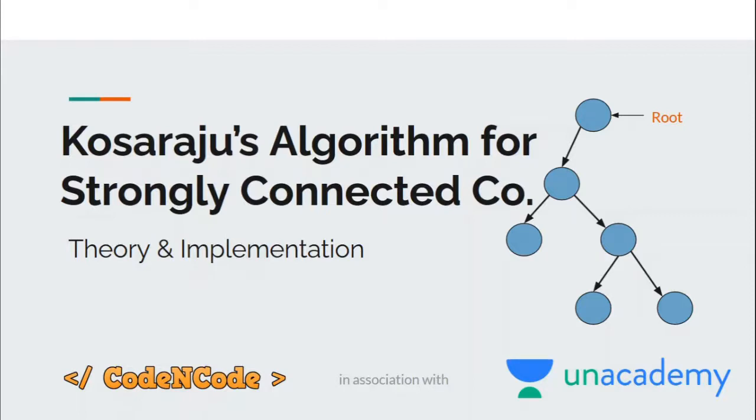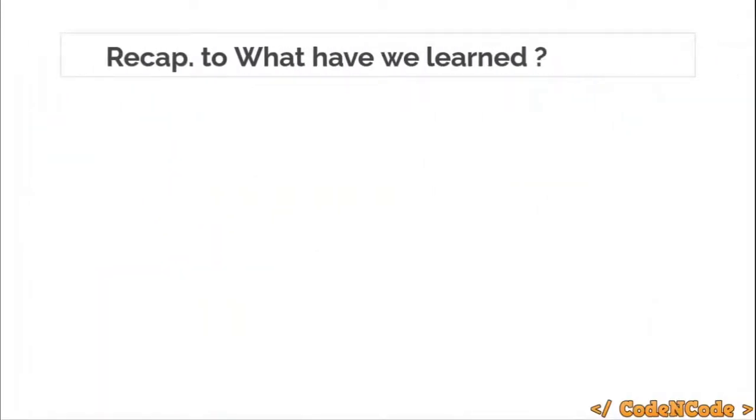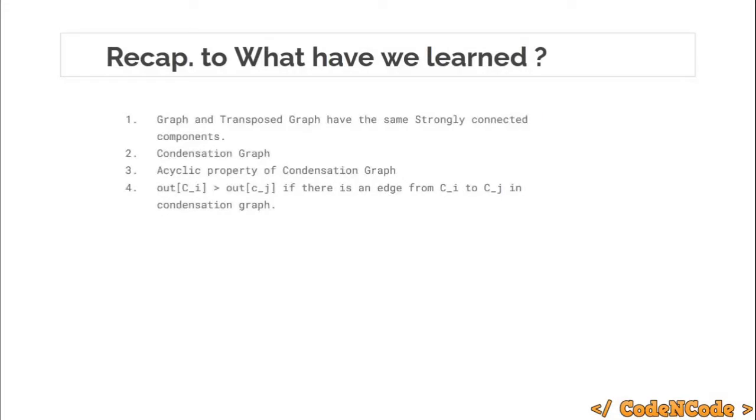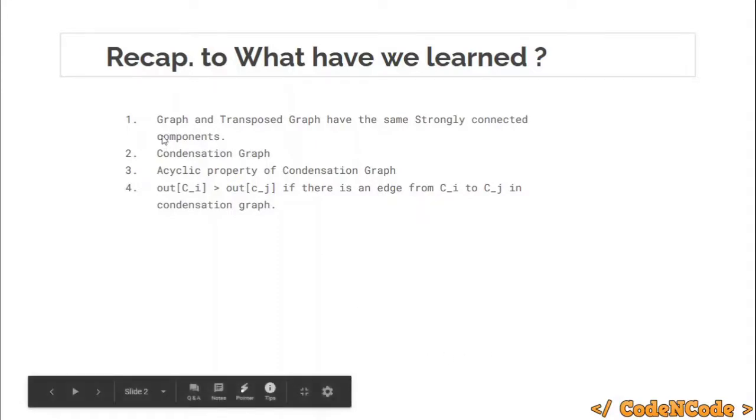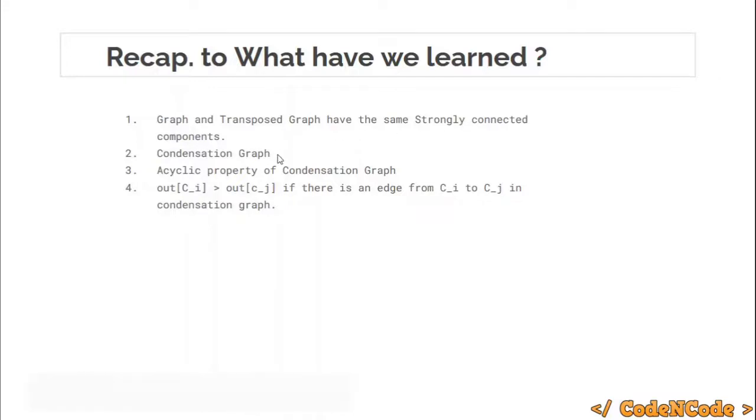So let's continue. A recap of what we have already studied. First, we have already studied what a transposed graph is, and that the transposed graph and the original graph both have the same strongly connected components. Second, the condensation graph, and we have already seen and proved the acyclic property of the condensation graph.